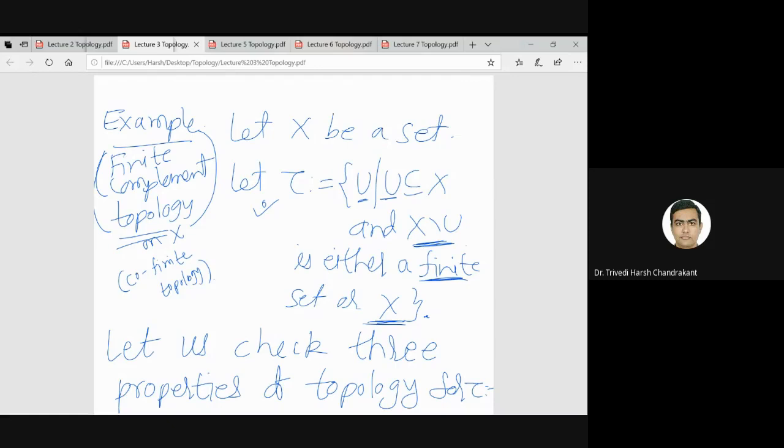That is the collection of the open sets that forms this tau. In general, the elements of tau are called the open sets if tau forms a topology on a given set X.